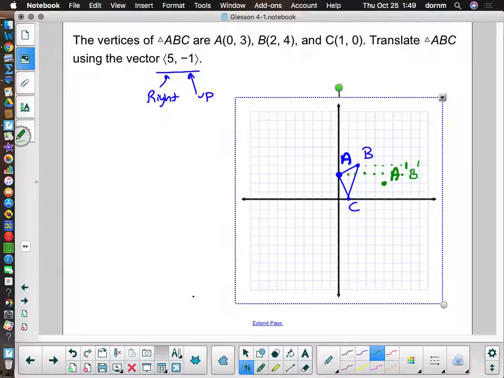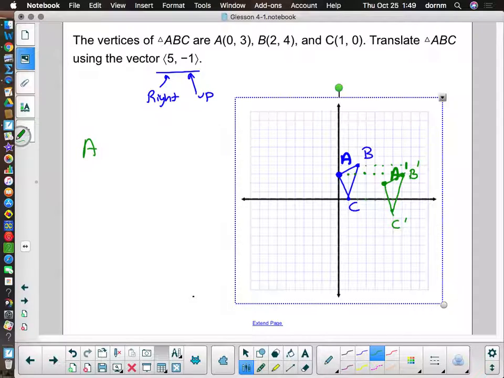There's B primed. And to find C primed, I go right 5 and down 1. There's C primed. And we're going to get an exact copy of my original triangle just slid over. That's really easy to do from a picture standpoint. We're just sliding it over. That's a translation.